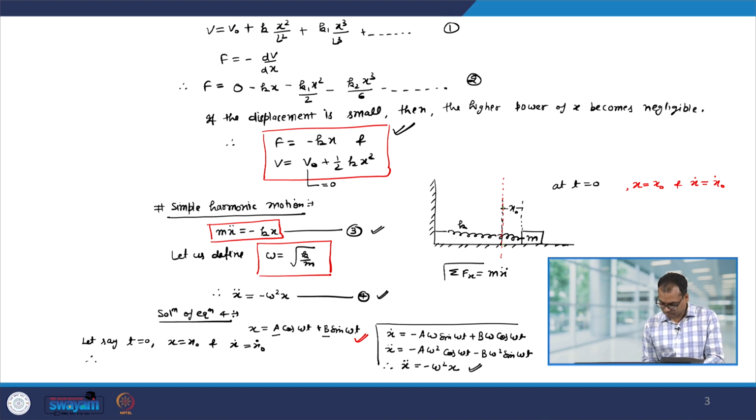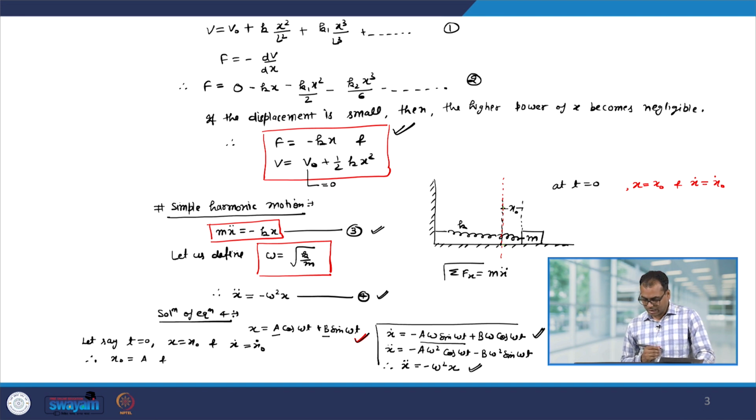Therefore, if I put it in this solution, at t equal to 0, sin omega t will be 0 and cos omega t will be 1. So, therefore, x naught is equal to a, and let us put the value of x dot over here. So, at t equal to 0, again this term will be 0 and cos omega t will be 1.